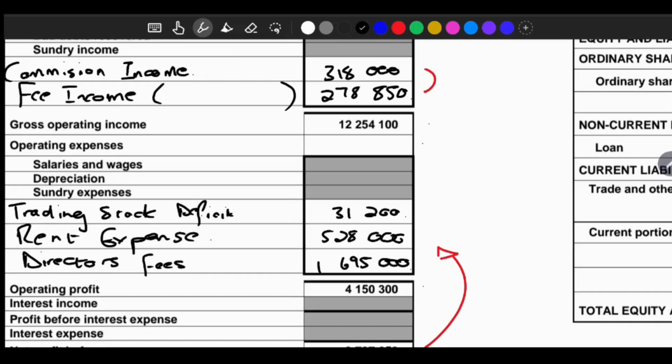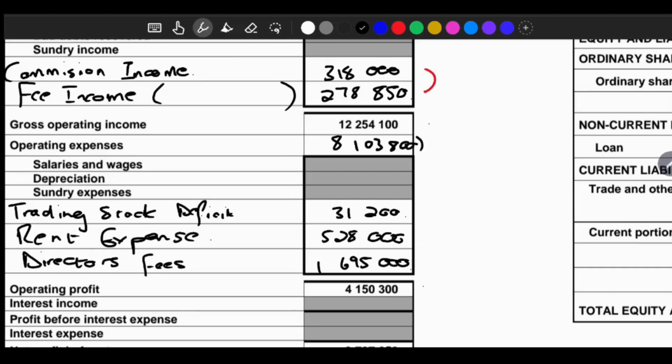So we're going to then say 12,254,100 minus 4,150,300, and that gives us 8,103,800.